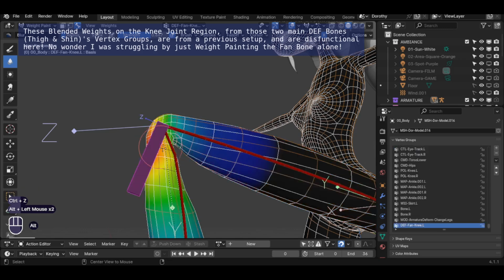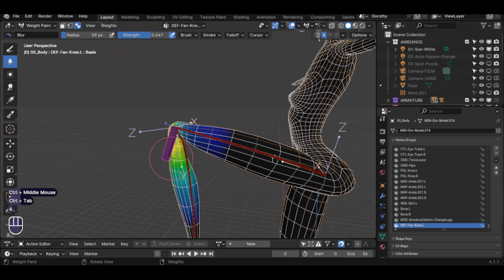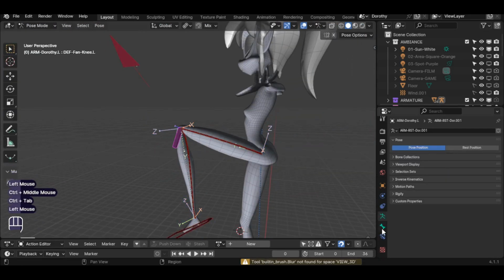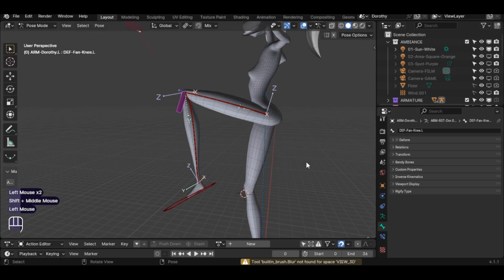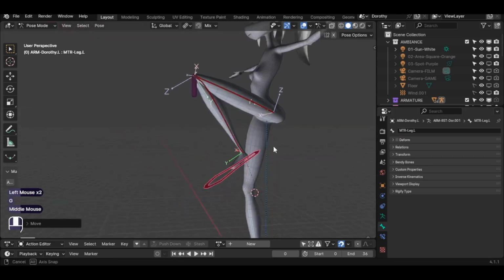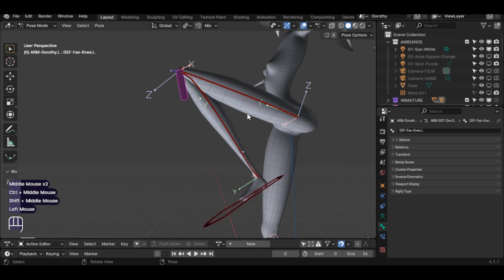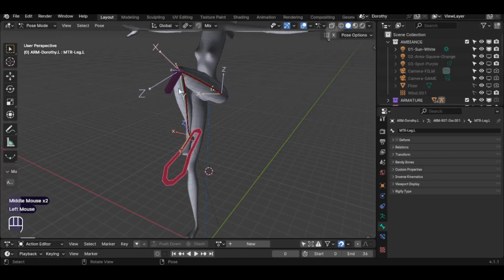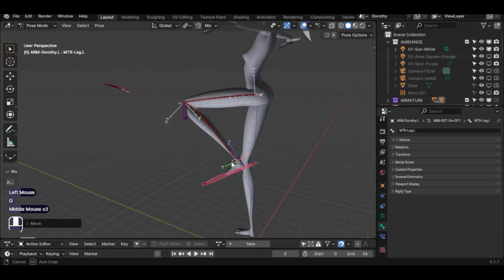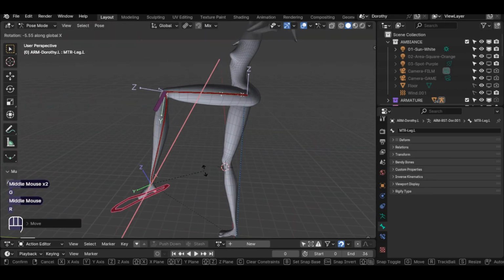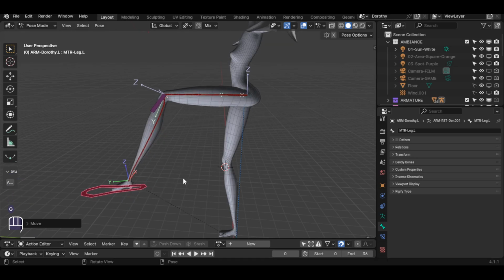But if I turn off the deform property of the fan bone, we see that this is not as good as this is, and this is just a single helper deform bone. So this is why this can be very interesting and powerful.